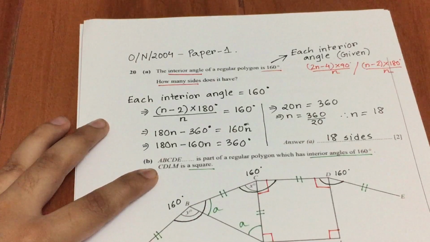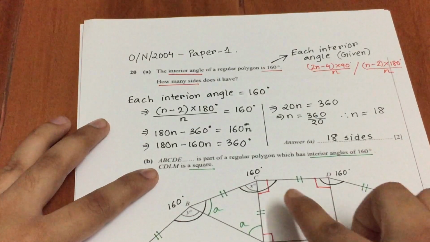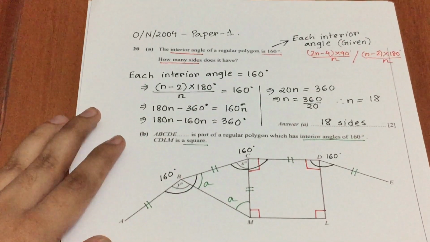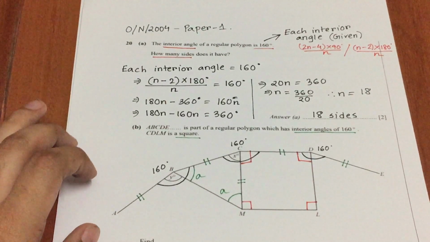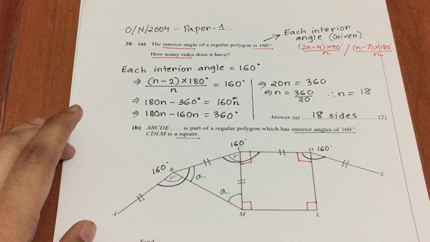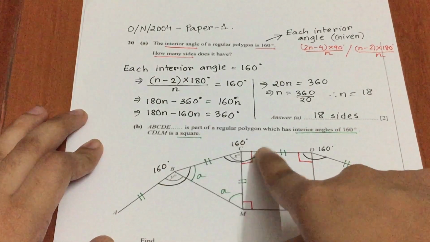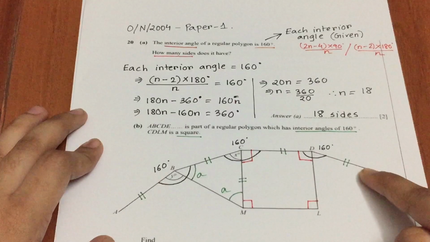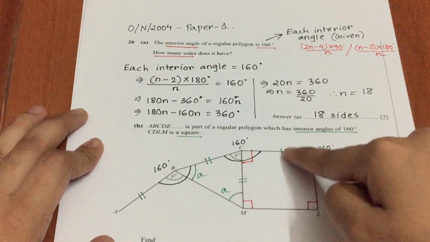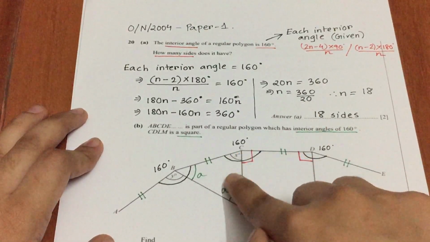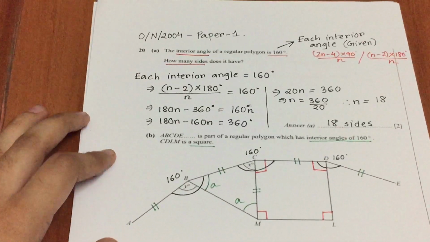And CDLM is a square. So since it's a regular polygon, we know that the sides will be equal. That's why I have marked them with a green pen, all of the sides to be equal. And since this is a square, a square also has equal sides, so this and this will be equal as well.